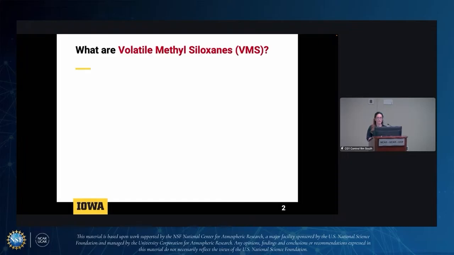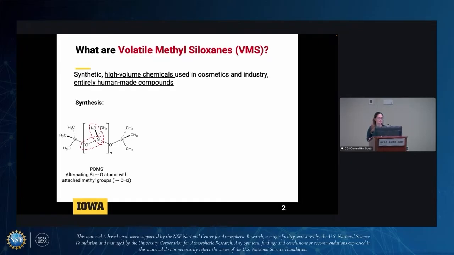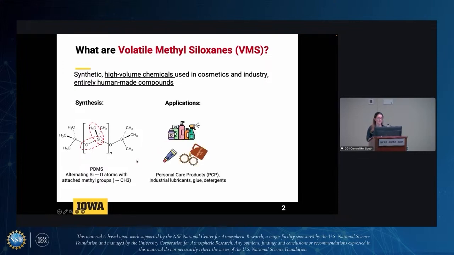What we know about volatile methyl siloxanes is that they are synthetic, high-volume, human-made compounds characterized by alternating silicon-oxygen bonds with 2 methyl groups attached to silicon. They are found mostly in personal care products and also industrial lubricants, glues, and cleaning detergents.